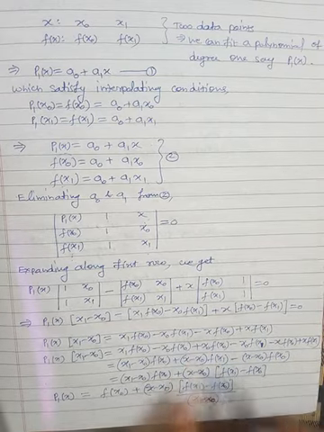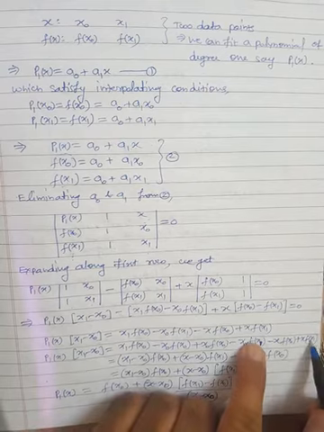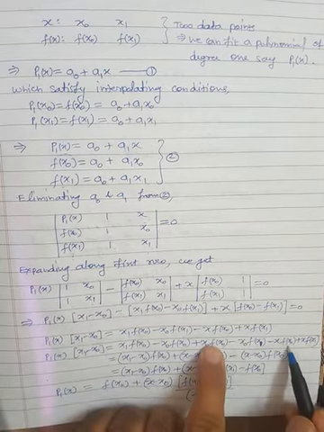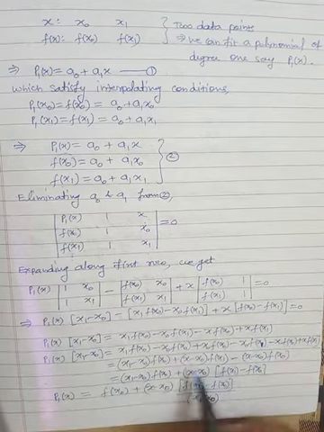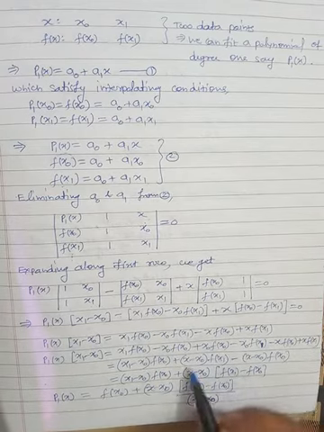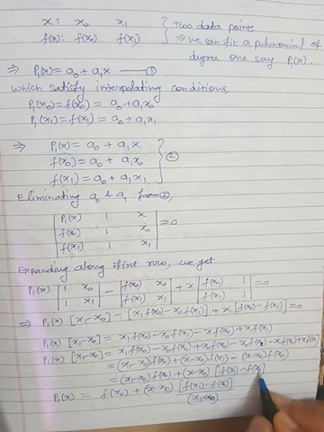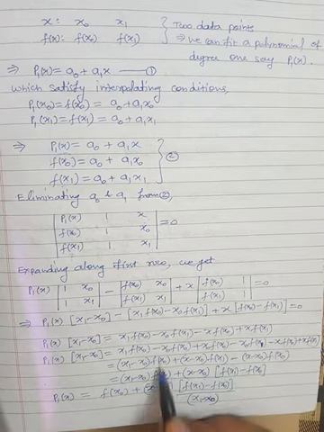For this term we are assembling f of x1, and for the last term we are assembling f of x0. From the last two terms you can take x minus x0 common, so we get f of x1 minus f of x0. This is as it is.